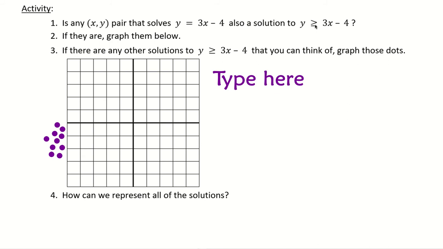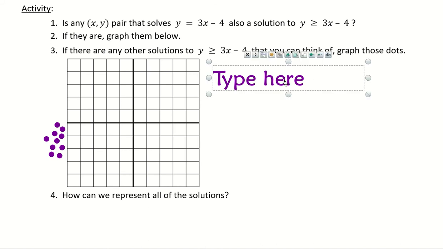It's got the greater than or equal to symbol, so it's now officially an inequality, not an equation. And obviously you've probably noticed that literally the only thing different from this equation and this inequality is the symbol. This equal sign is now a greater than or equal to.